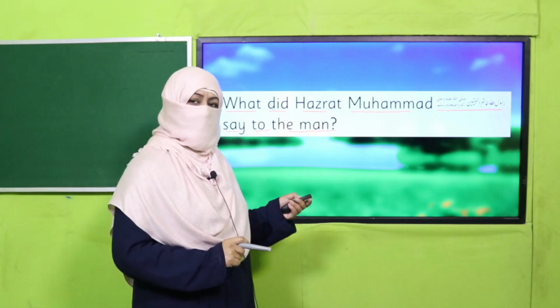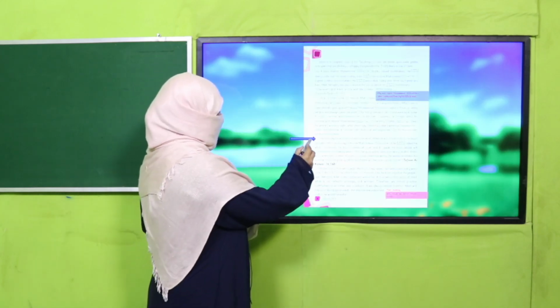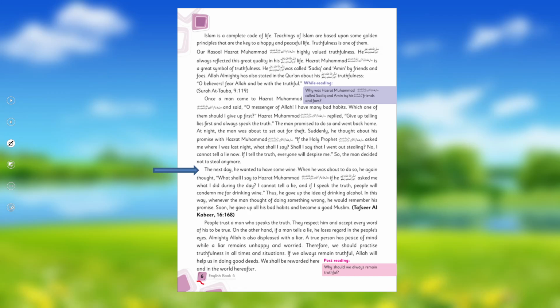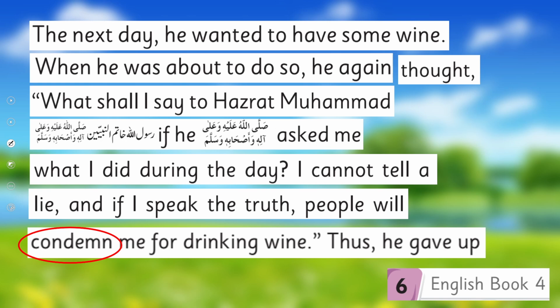So let's continue reading from the second last paragraph. Open your book on page number 6. I'm going to start reading from this point. The next day, he wanted to have some wine.